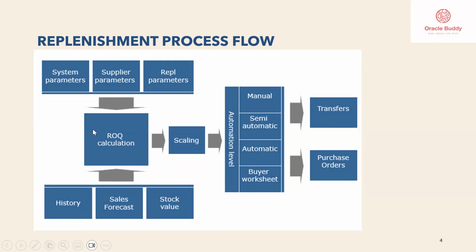Once the recommended order quantity is calculated, then scaling happens, and then based on what type of automation level is set up in MFCS, whether it is manual, semi-automatic, automatic, or buyer worksheet, transfers or purchase orders will be created.